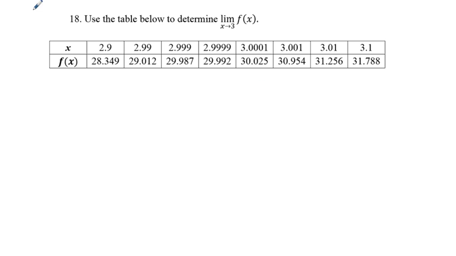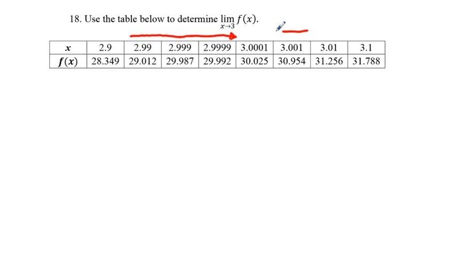Okay, let's see. Number 18. Use the table below to determine the limit as x approaches 3 of f of x. Well, we're getting closer and closer as we go from the left. I'm going to draw this arrow in red. We're going right here. Okay, we're getting closer and closer, and we're getting closer to 3 from the left side. And on the bottom, we're getting 29.987, 29.992.